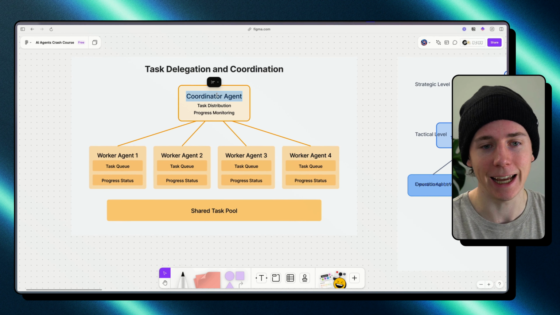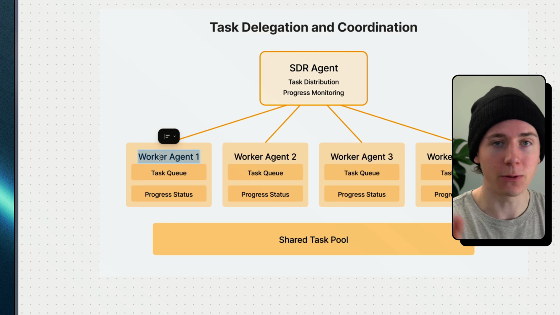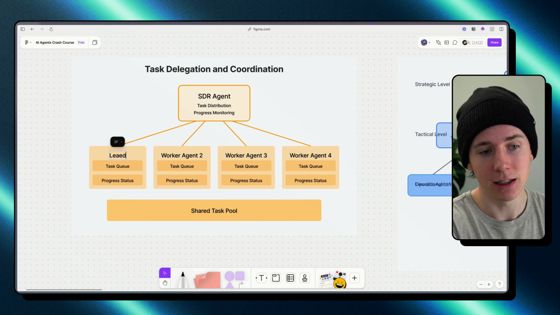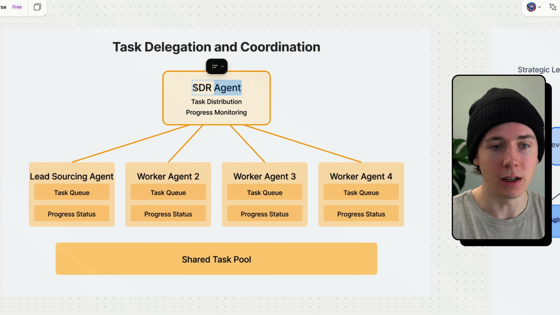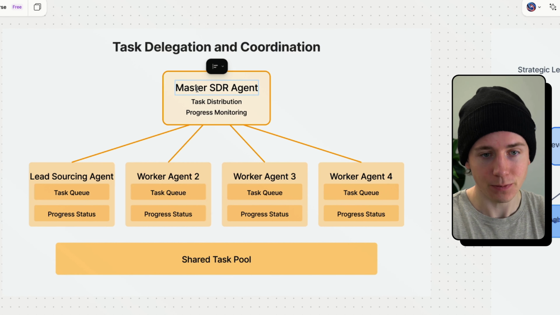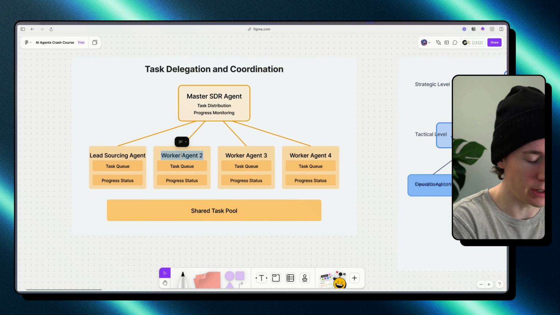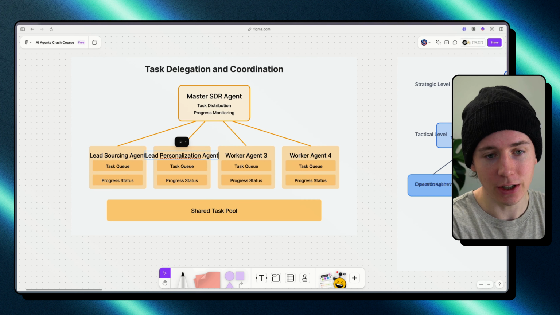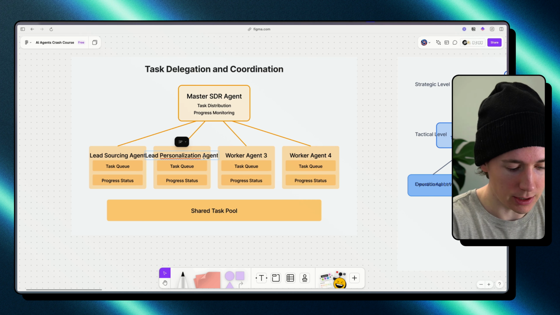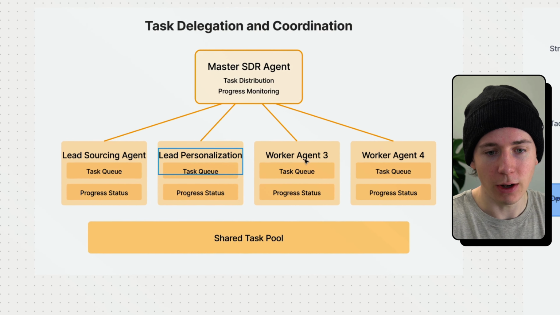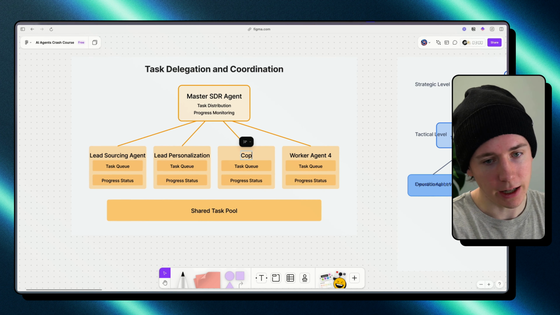So let's say we have an SDR agent here. The first agent is going to be the lead sourcing agent. So you can see there's the master agent, the master SDR agent. Then you have the lead sourcing agent, then the lead personalization agent, and then, let's say, the copywriting agent.